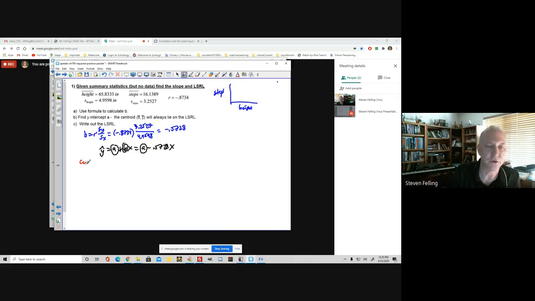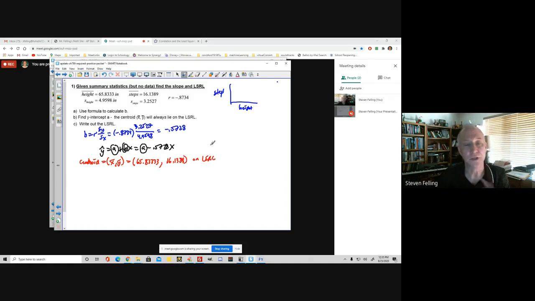I know the centroid, which is the mean x, mean y, which in this case is the mean of the x's, the average height, 65.83333, and then the average y's is 16.139. That is on the LSRL, right?